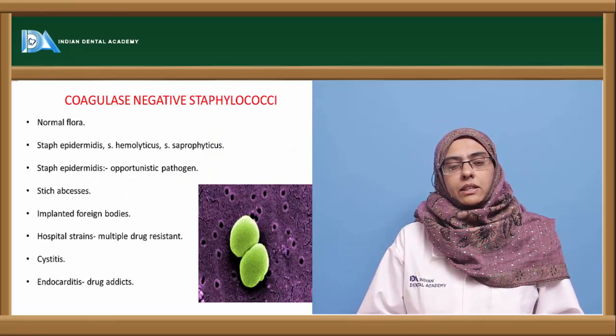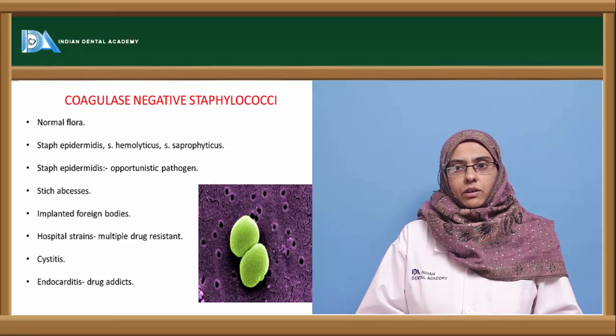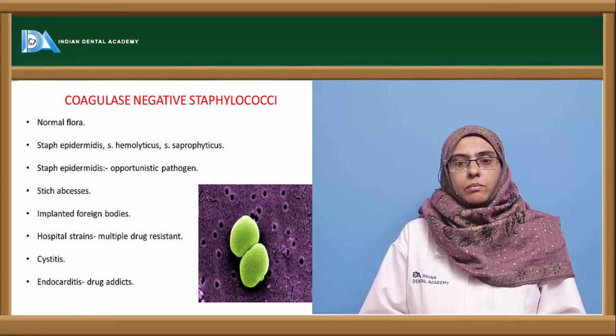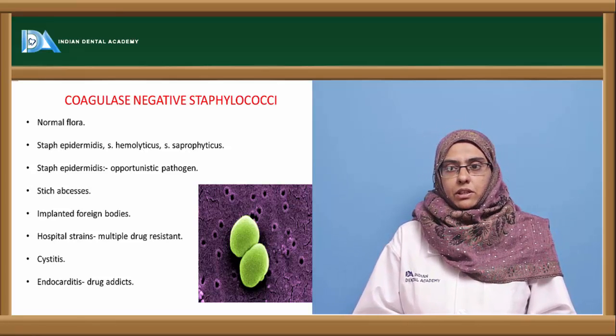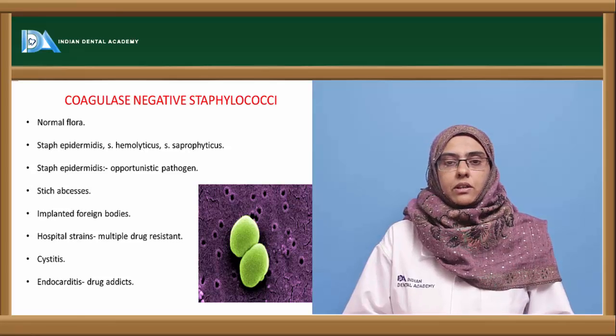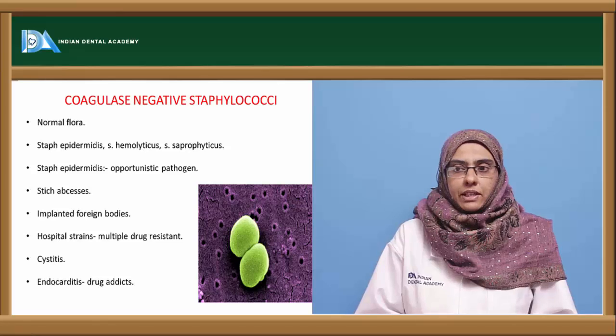Now coming to the other group of staphylococci, that is the coagulase negative staphylococci, and these organisms are mostly normal flora and act as normal commensals of the human respiratory tract or the human body. Examples of these organisms are Staph epidermidis, haemolyticus, and saprophyticus.